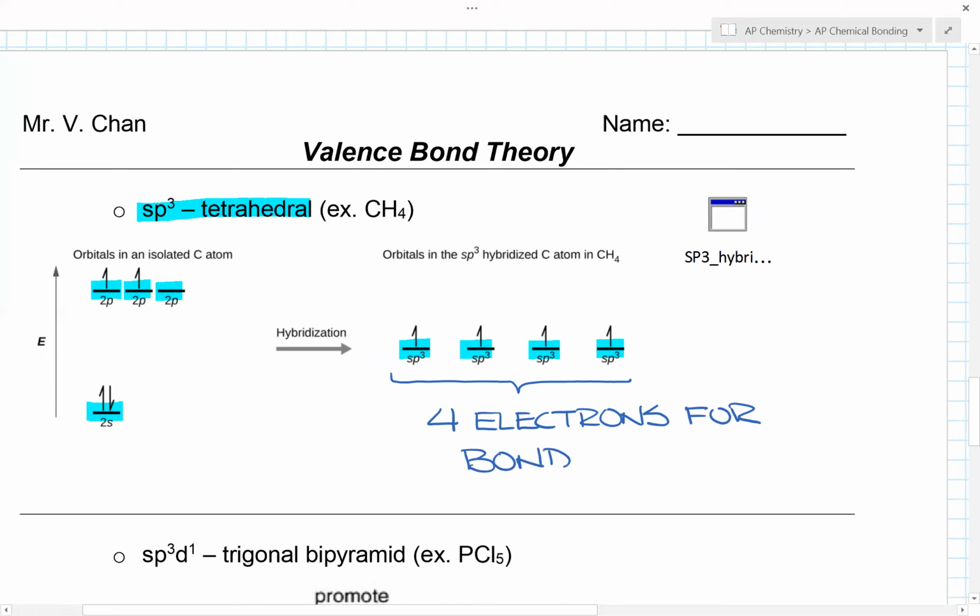And that's why it's tetrahedral. Now, for those of you that don't recall doing the shapes, or if tetrahedral sounds new, please go back to the other videos that I have to review and refresh your memory.